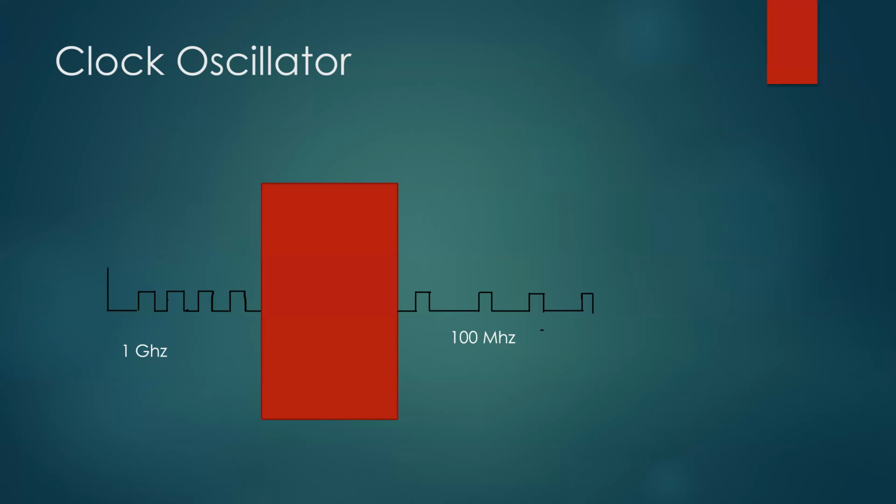But this gives two more problems. The first is the accuracy of the clock. We know this runs from 1 gigahertz to 100 megahertz. This is an example, right? The accuracy of the clock in this example is basically less. It's less accurate because of the clock oscillator.